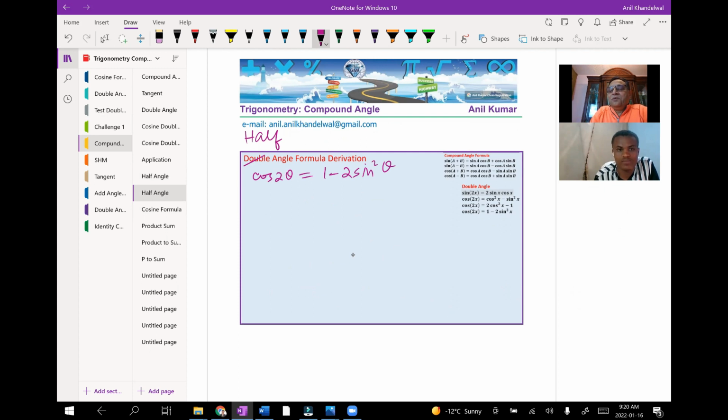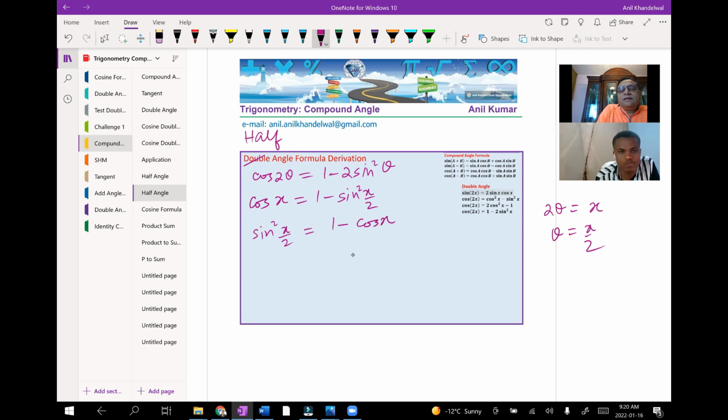So this time, let 2 theta equal x, then theta will be x by 2. Substituting the value, I get cos x equals 1 minus 2 sine square x by 2. Now I'm rearranging. I'm writing sine square x by 2 on the left side, and 1 minus cos x on the right hand side.